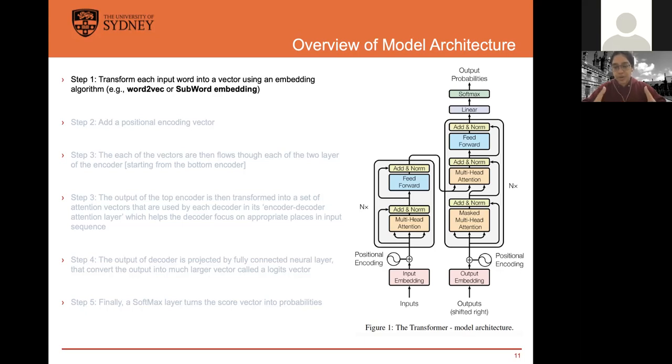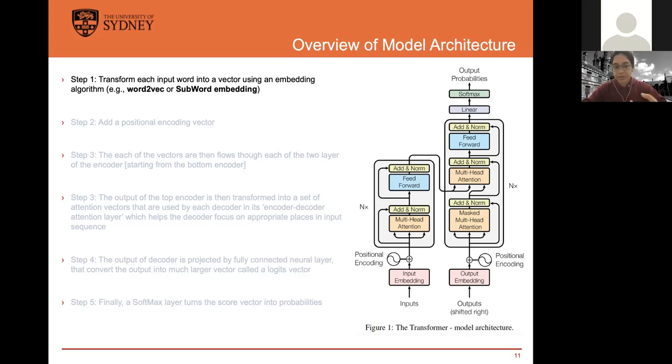So when we talk about modeling words, it is important we convert each word into a vector representation, because your model won't understand text, right? So every word is converted to a vector representation of that word.